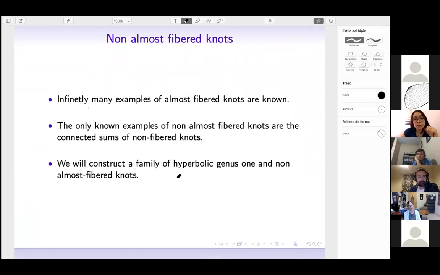Infinitely many examples of almost fiber knots are known. The only known examples of non-almost fiber knots are the connected sums of non-fiber knots. We will construct a family of hyperbolic knots which are non-almost fiber.